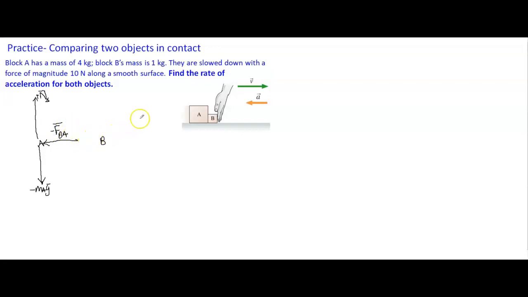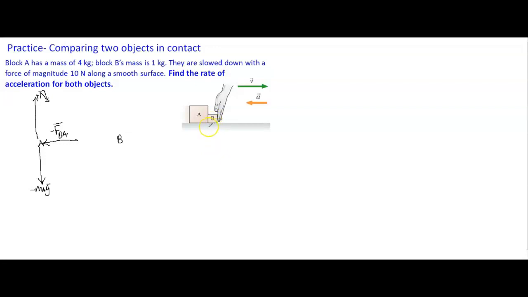Right. We're going to do another force diagram for block B, and this one, I'm going to move this over a little bit so we have some room for block B. Before we start this force diagram, we're going to think about what objects are interacting with block B. The Earth is pulling block B down, so it's got a weight down.